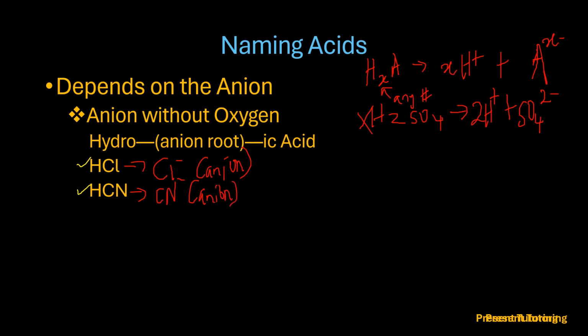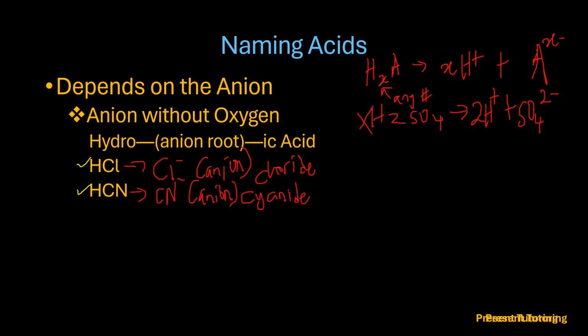So if we have acids that don't have any oxygen, we can name the corresponding acid according to the anion name. Cl minus is chloride, and CN minus is the cyanide ion.